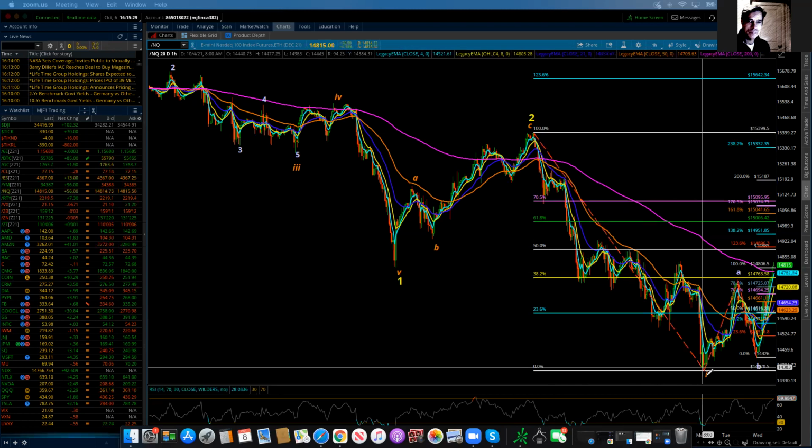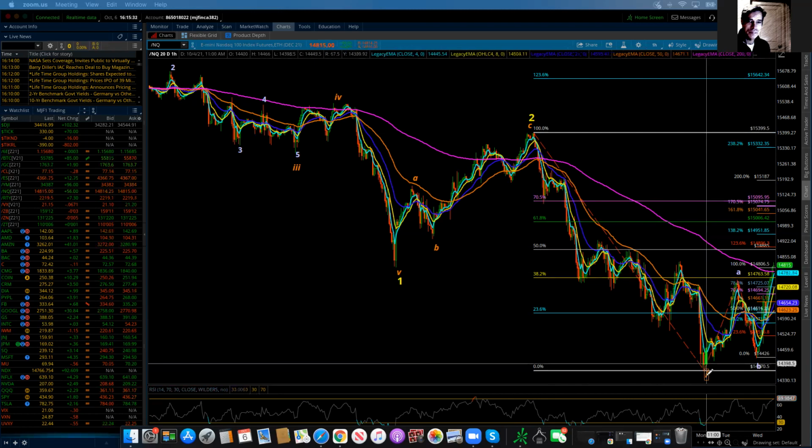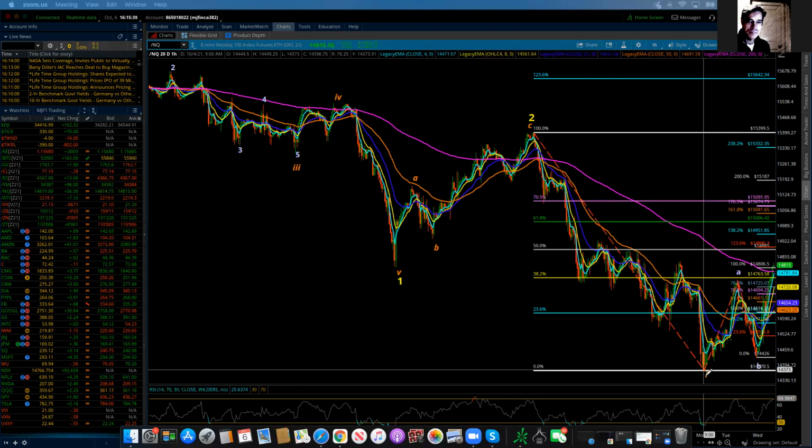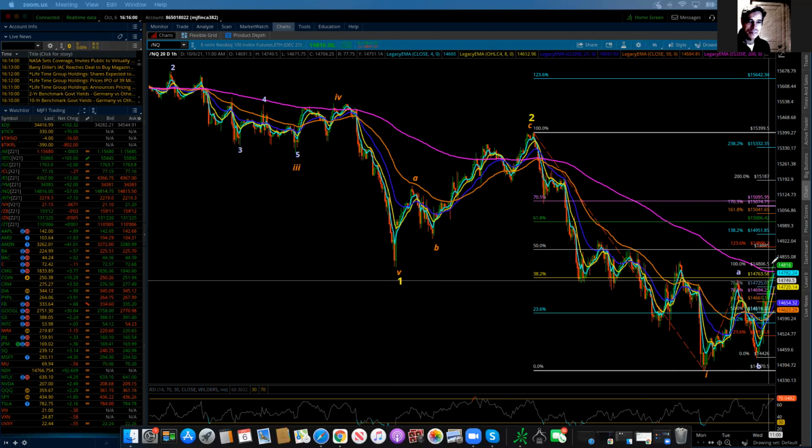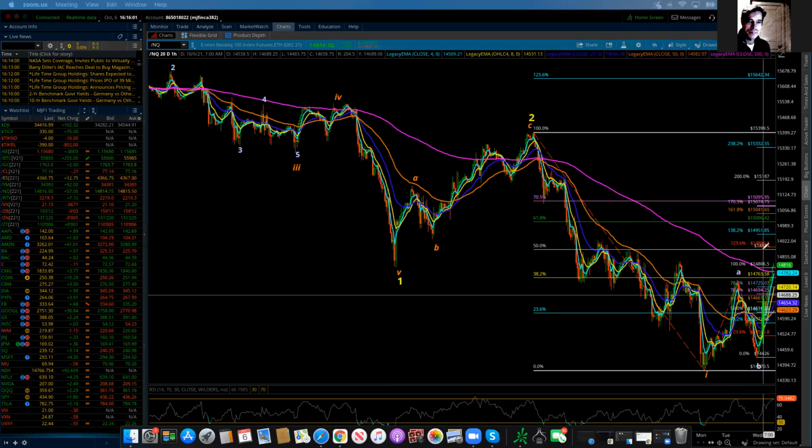And so I've moved the minor first wave down to the low at 14,373. And from that level, we've launched higher in an ABC, which will be labeled minor wave 2.